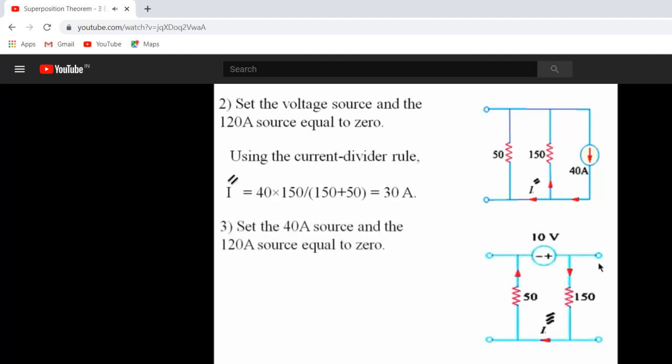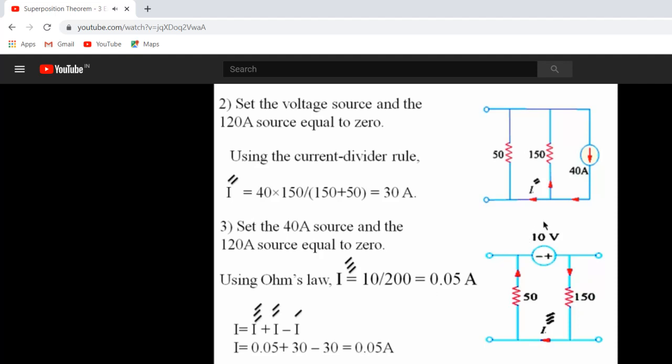Now we're going to set the two current sources equal to 0, open circuits, and solve only for the 10 volts voltage source. We can simply find the current by dividing 10 by 150 plus 50, which is 200. The direction of the current is also to the left.